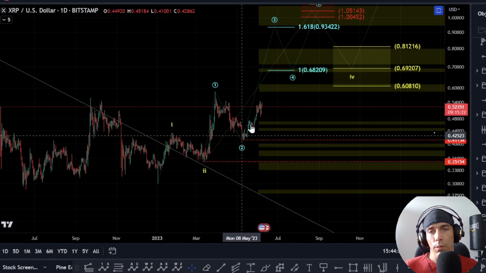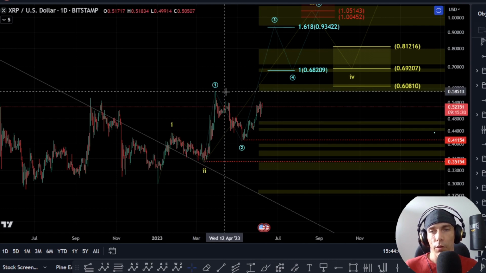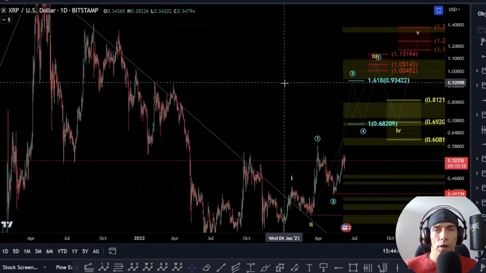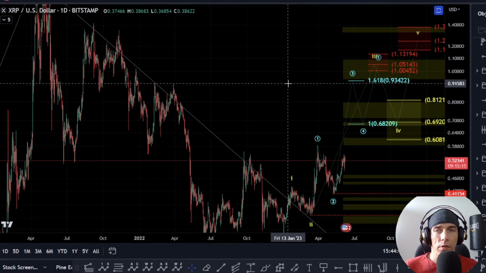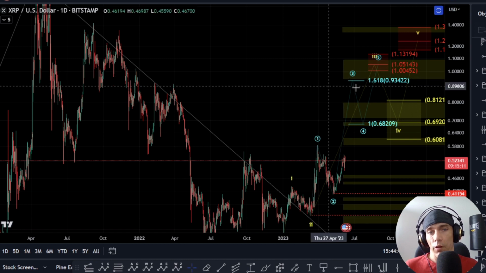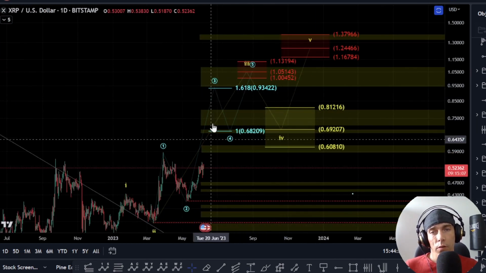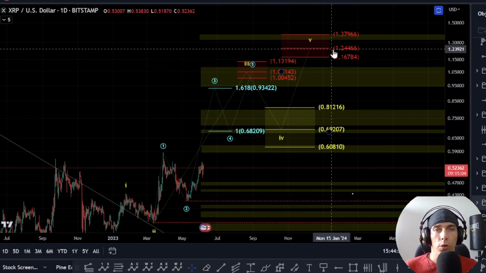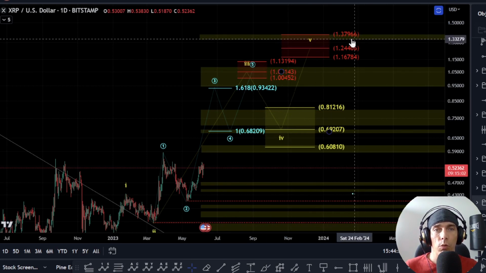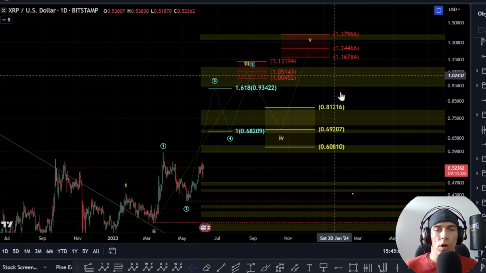And what we'd effectively be looking to do is actually start breaking back above these highs here. And what I'd want to see ideally would be breaking back above some of these key levels. This 91 cent region would be the first, which would actually give us that 3rd wave target. If we did get a 5-wave move in this way, this could actually give us this additional 4th and 5th, which could actually look to push us up towards this $1.37 to this $1.16.